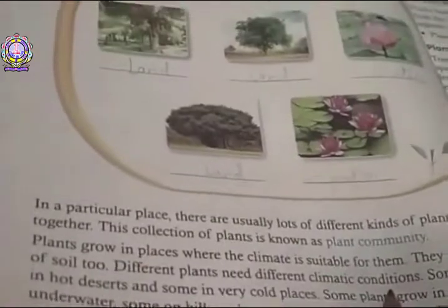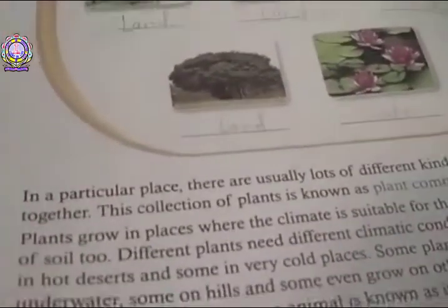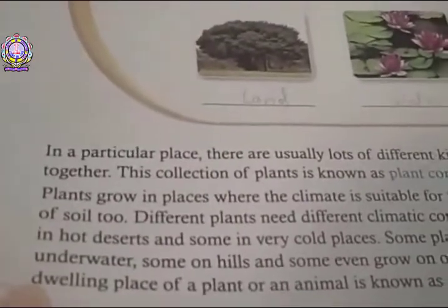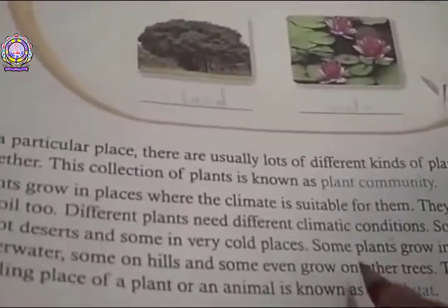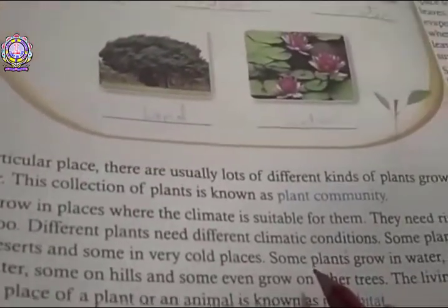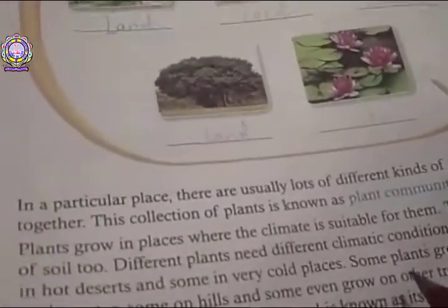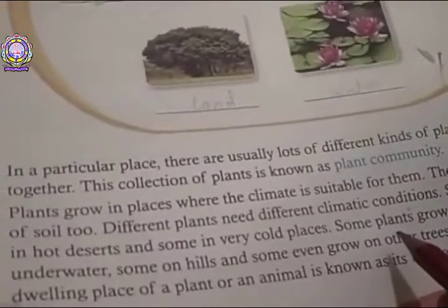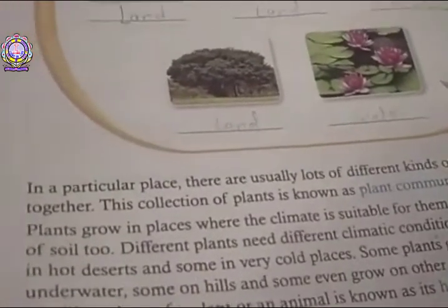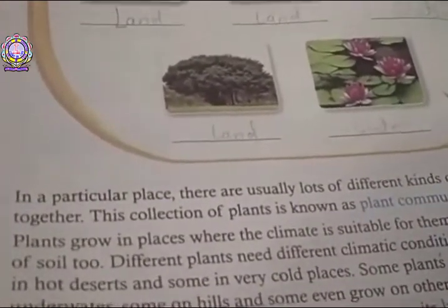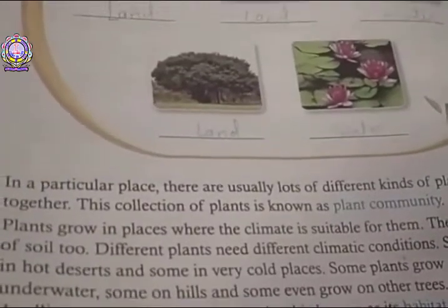If the climate is not supporting the plant's condition, those plants cannot grow there. Climate is very necessary for the plants. They need the right kind of soil too. It means soil is also very necessary for the growing of plants. Different plants need different types of climate or different types of soil.